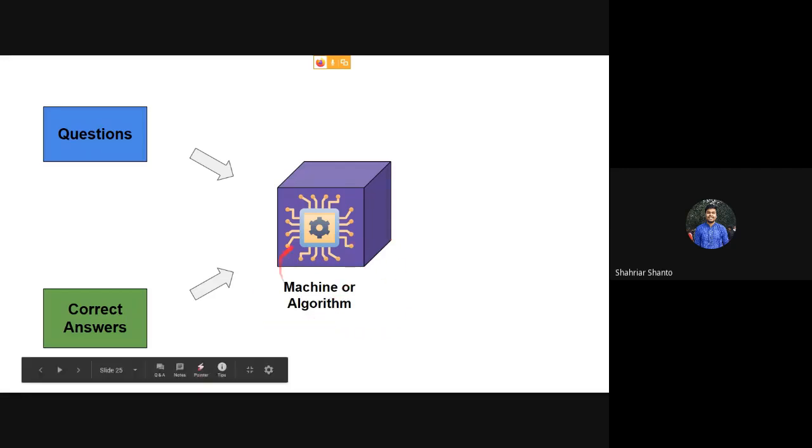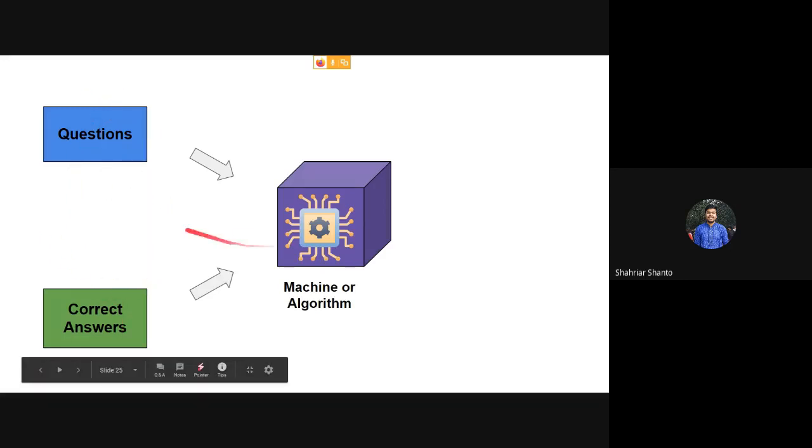And in a machine learning approach, we show data to the algorithm. We show the questions we want answers to and the correct answers. Okay, so questions and correct answers. The machine learning algorithm tries to learn what the pattern is here, what the relationship is between questions and correct answers.